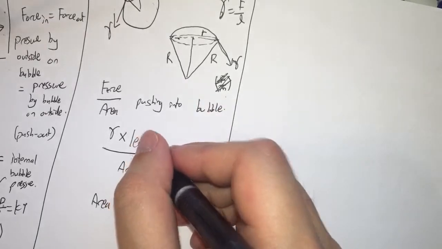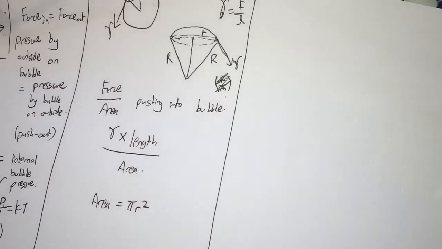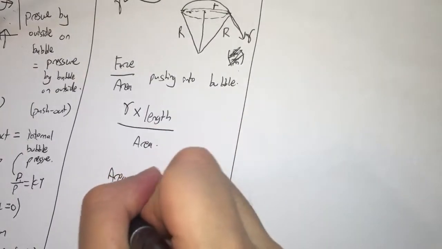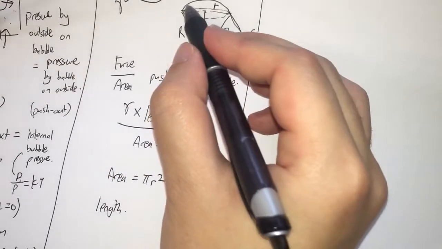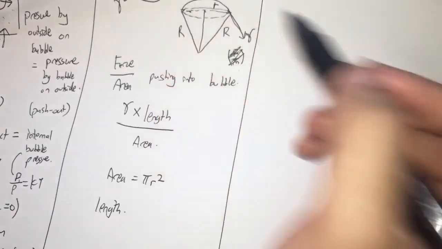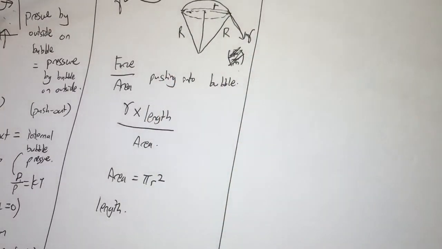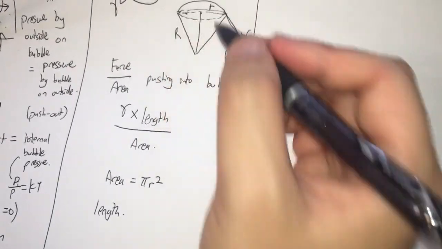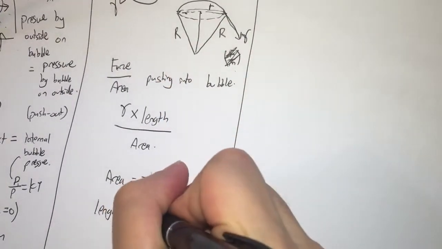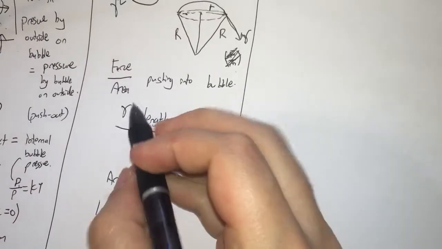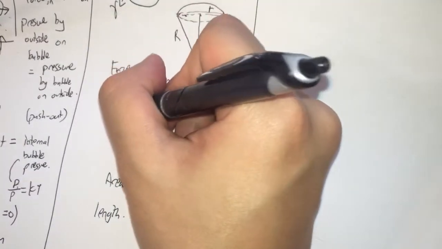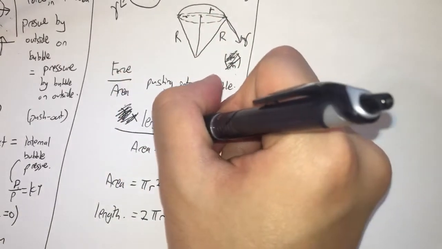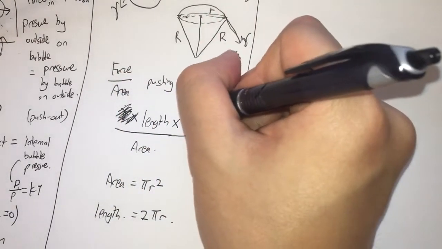The length here is the circumference of this flat circle, so that's 2 pi r. And gamma over here is the resolved gamma. This should be the vertical component of gamma.